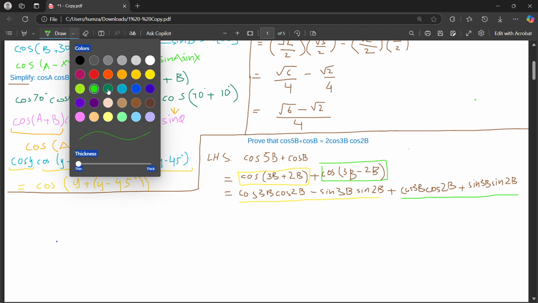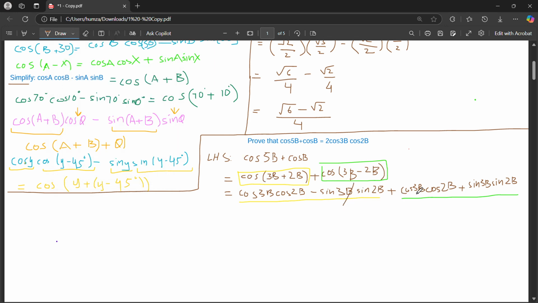Now minminus sin 3b sin 2b can cancel out with positive sin 3b sin 2b, and we are left with cos 3b cos 2b plus cos 3b cos 2b, so we are left with 2 cos 3b cos 2b.